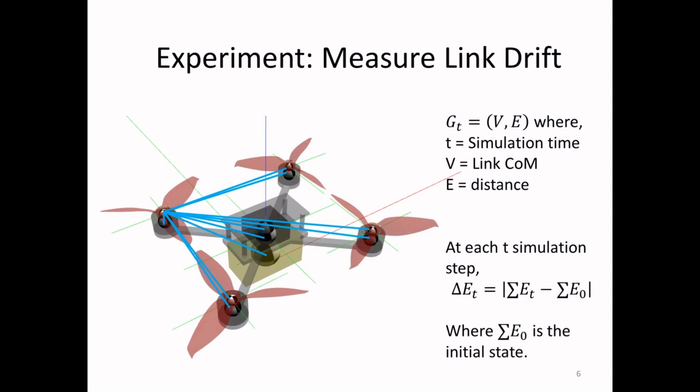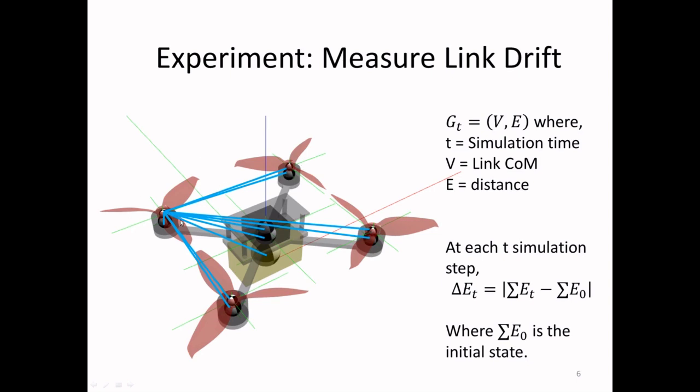So I just created a pretty simple algorithm in which we treat the distance or the connection between each link in this as an undirected graph, in which each edge is going to be the distance in meters between each link, and then the vertex is going to be the center of mass of each link.